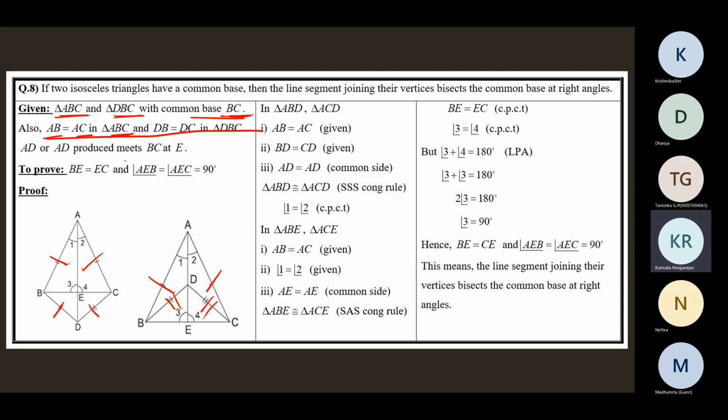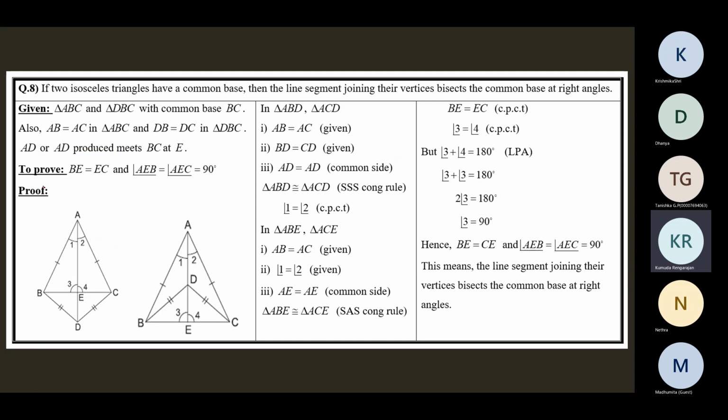AD or AD produced. So AD is for the first figure, and AD produced is for the second figure. You should read it like this: AD meets BC at E in this figure.